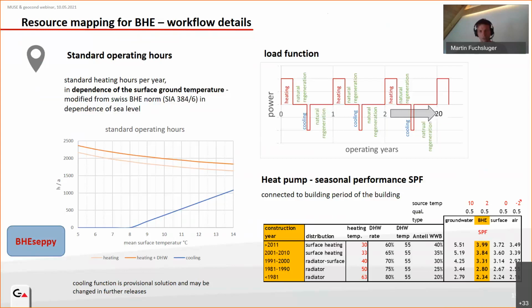So we decided to use a simple approach and connect it to the construction year and estimate the heating temperature, and take a source temperature of 2 degrees for borehole heat exchangers, and get at the end seasonal performance factors from 2.3 to 3.99, which are also considered. This may be improved in future, but for the first time, I think it's okay.